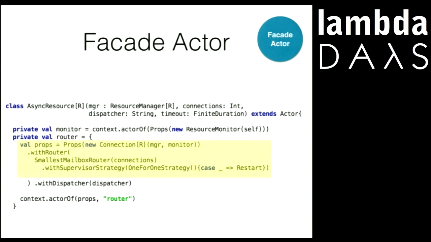Now, if all these connections were blocking and waiting for the database to respond, that actor system would be frozen. Nothing else in this actor system could happen because all the threads would be used for dealing with database connections. So that's why we can create a separate dispatcher, dedicate a number of threads to it, and have 2 dispatchers, 2 thread pools, and that way all other actors in our actor system can still work fine.